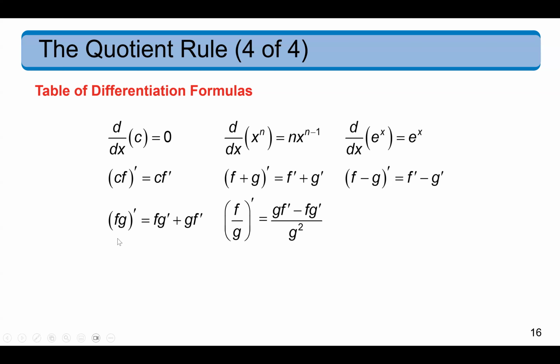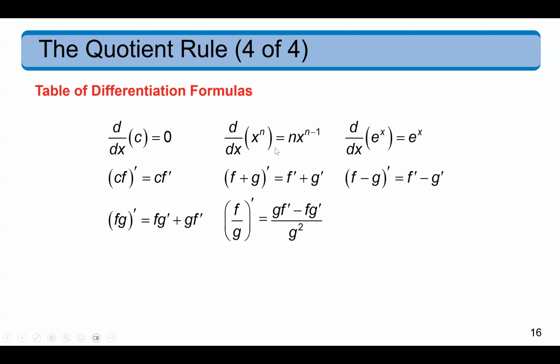Now we saw that to find the derivative of a product, f times g, it will be the derivative of g times f plus the derivative of f times g. Here we said we can do either one first. So I can say the derivative of f times g plus the derivative of g times f. Either one will work because it's plus.